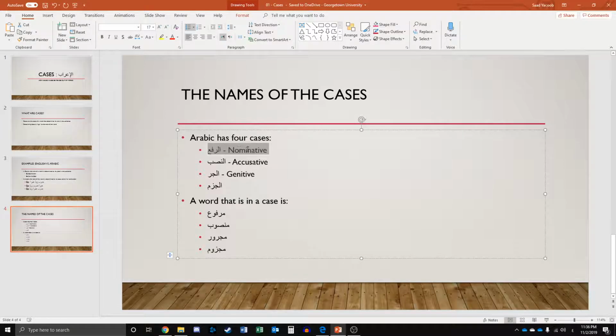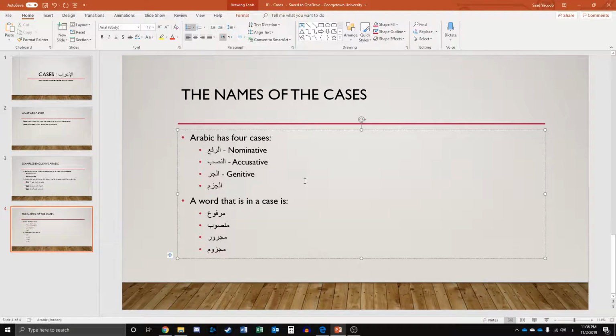So the rafa' is normally translated as the nominative case. The nasb is the accusative. The jar is the genitive, and the jazm does all sorts of strange things, and so we don't really have one case to give it to. That's because these are all Latin terms, and Latin verbs don't decline while Arabic verbs do.